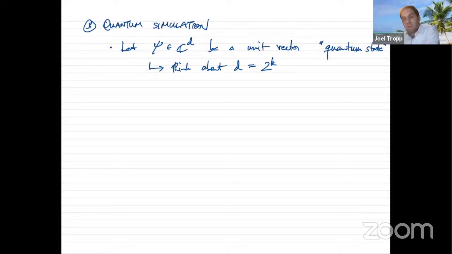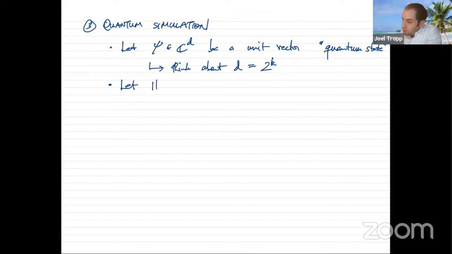So the same way that if you've got K classical bits, they can represent 2 to the K different numbers, if you want to hold K quantum bits, you need a dimension of 2 to the K. So these vectors are very, very large in most applications.